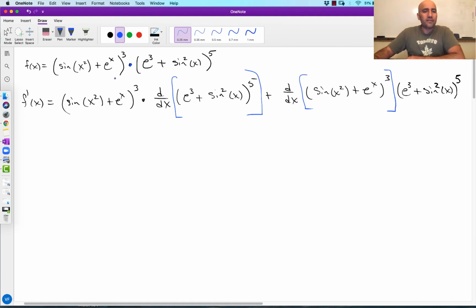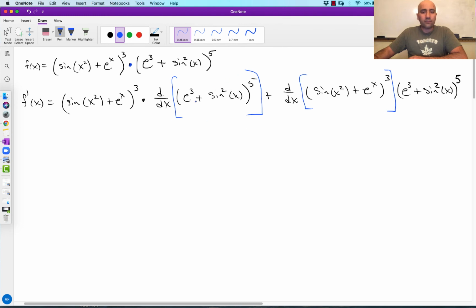Okay, so just based on initial inspection here, this is going to require our product rule. This times this, right? So I'm going to leave this portion alone, times, and then take the derivative with respect to x of the second function, that's this one, plus, now I'm going to take the derivative of the first one, times, and then leave the second one alone. Okay, so here's our product rule.